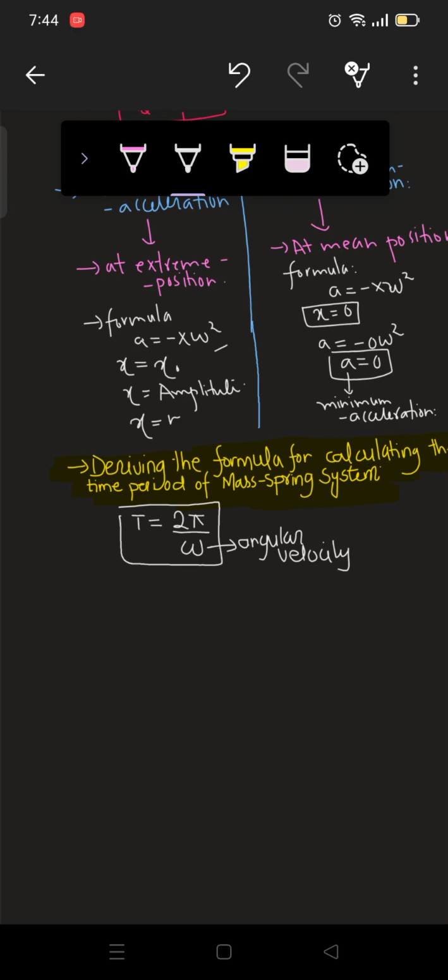So we are starting with the general formula, T is equal to 2 pi upon omega, where omega represents the angular velocity and we need to remove it.